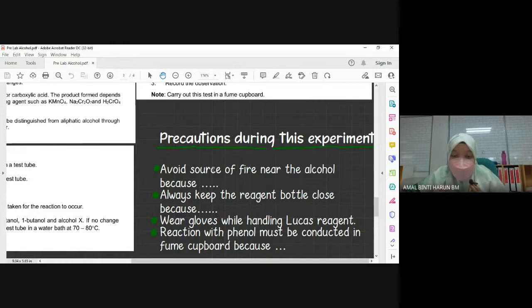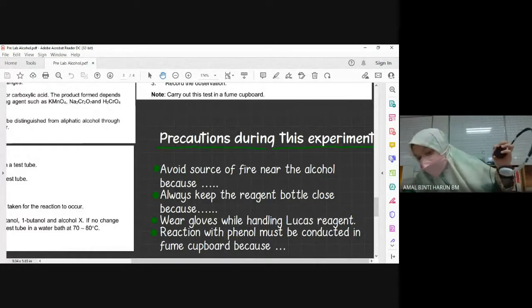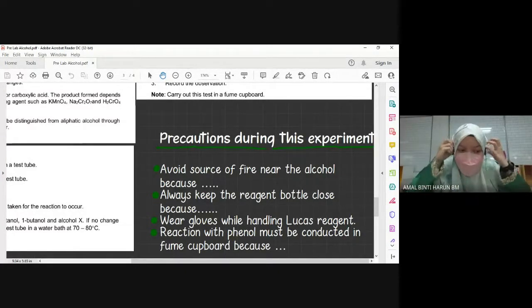Okay, so nanti you masuk dalam makmal, jangan basuh supaya tak evaporate. Okay, what are the precautions during the experiment? Number one, avoid the source of fire near the alcohol because why? Sebab apa tak boleh?